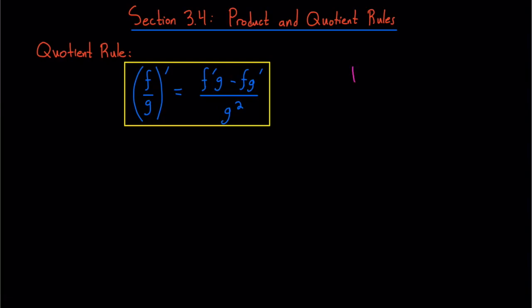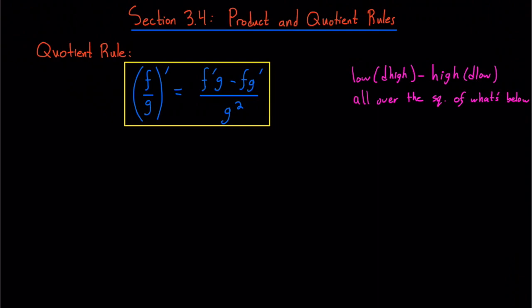So I think low d high minus high d low all over the square of what's below. What this basically means is low is basically the bottom of the function, so g.